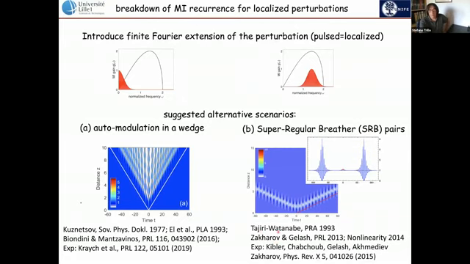Also here, a paper by Tajiri and Watanabe, well known, where they say that you can form a pair of superregular breathers, and this could be a scenario for the evolution of the nonlinear modulation instability in the case of localized perturbation, which are not at zero frequency. So at some frequency inside the gain, for example, near the maximum.